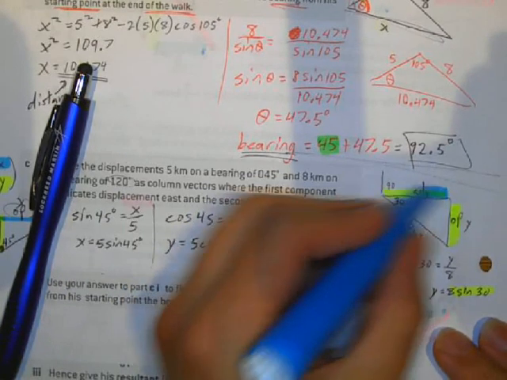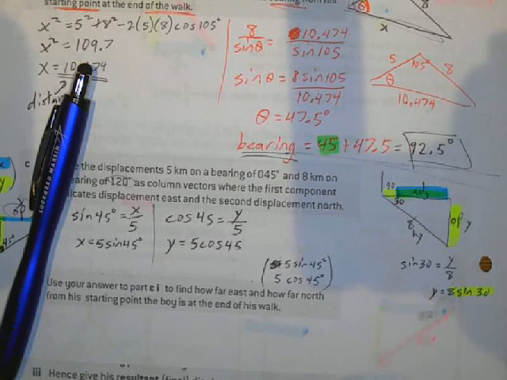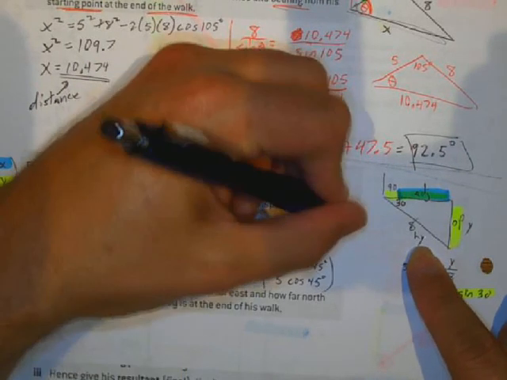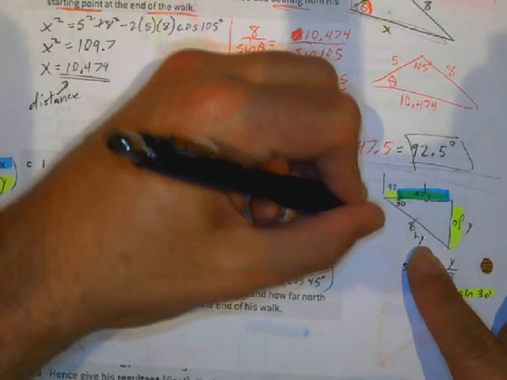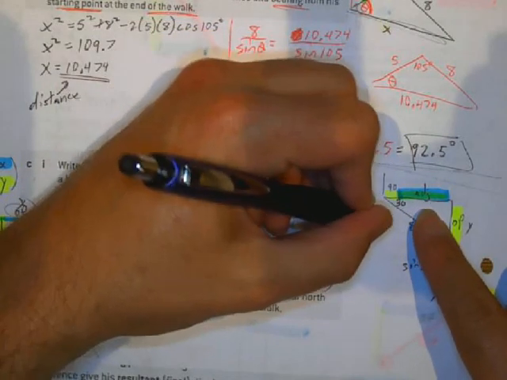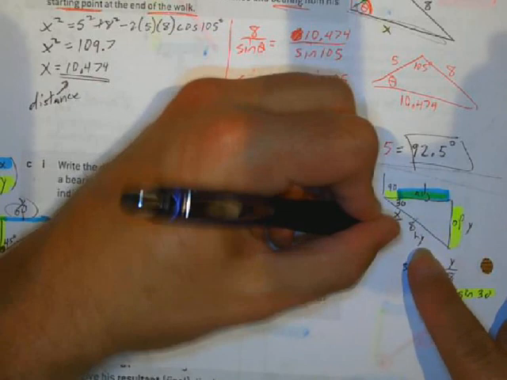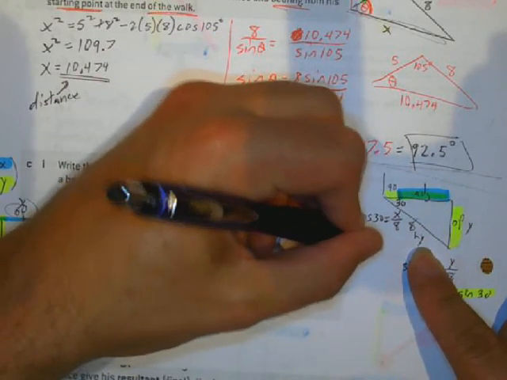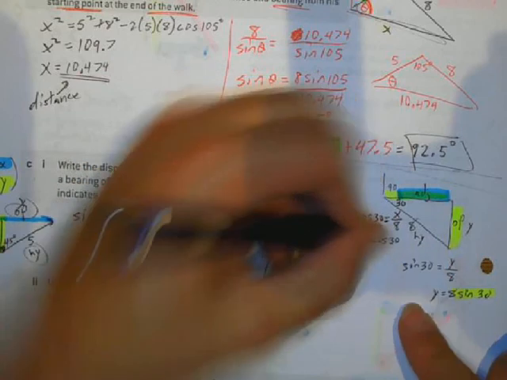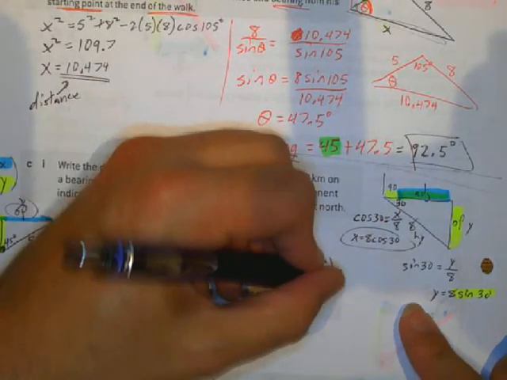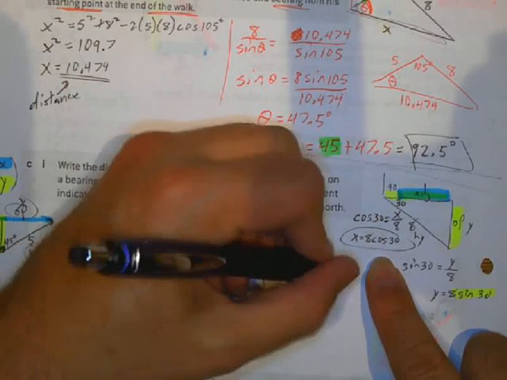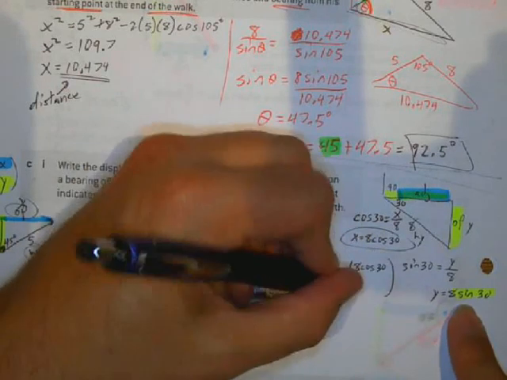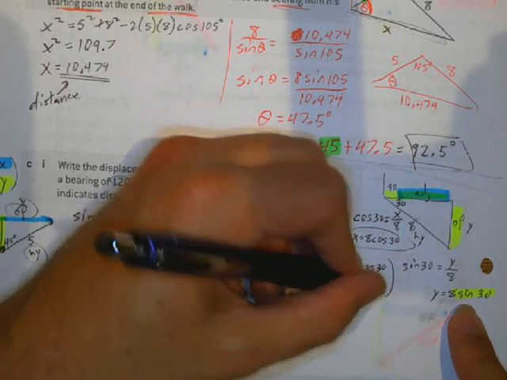Okay, so with the adjacent and hypotenuse, we're going to use cosine. So we've got cosine 30 equals x over 8. So we know that x equals 8 cosine 30. And so my other vector is 8 cosine 30 and 8 sine 30.